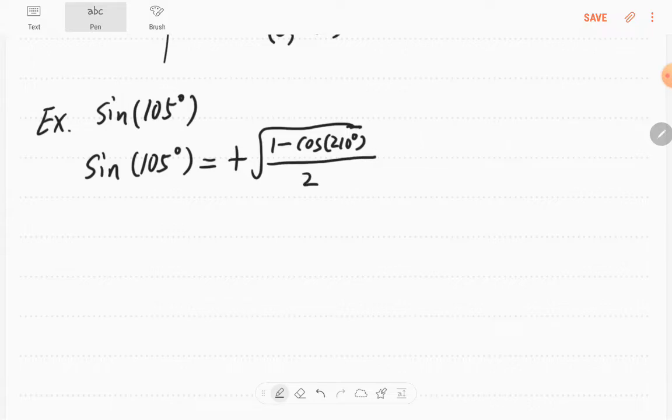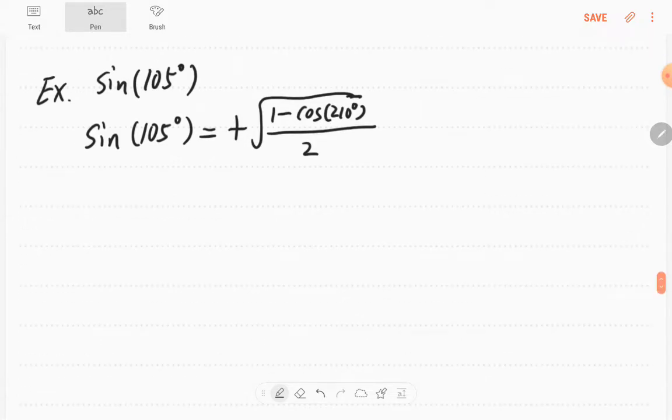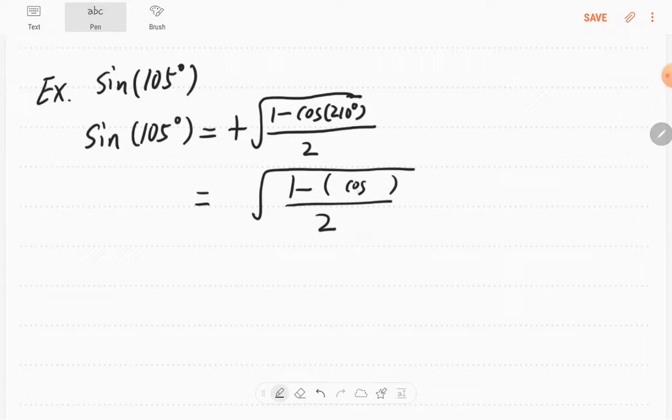So 210 degrees actually is a kind of special angle because the reference angle is 30 degrees. Ignoring the plus or minus, the absolute value should be equal to cosine 30 degrees.